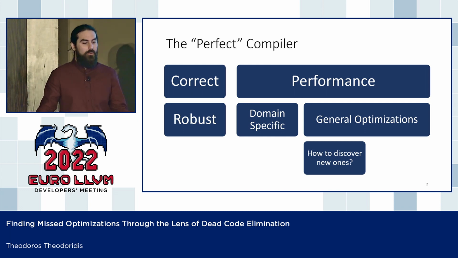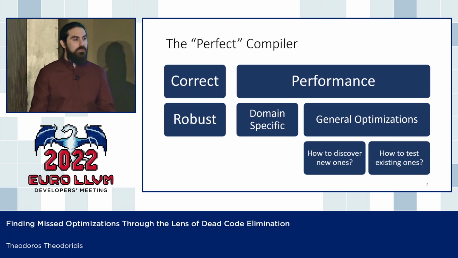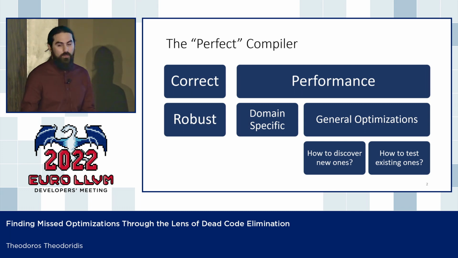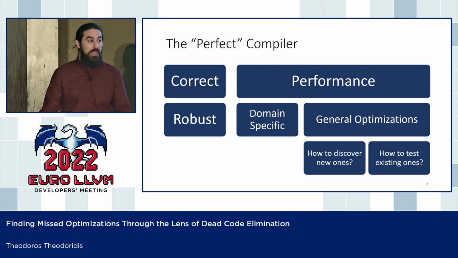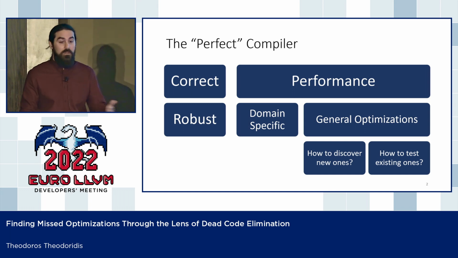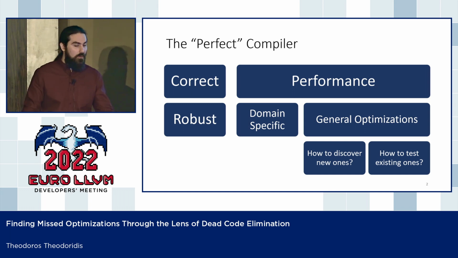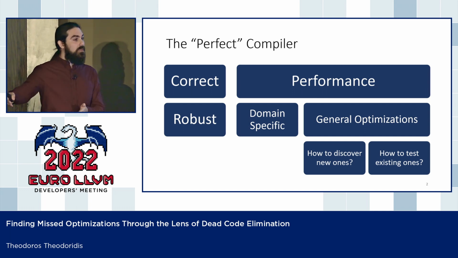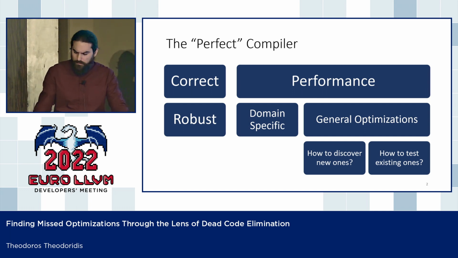But then the mirror problem is, for the existing ones, how do we test them? And by testing, I don't mean for correctness, but whether they behave the way we want them to, whether our constant propagation passes can actually propagate constants in all cases that we care about, or if our new InstCombine rule does not cause some problem in a downstream pass after it.